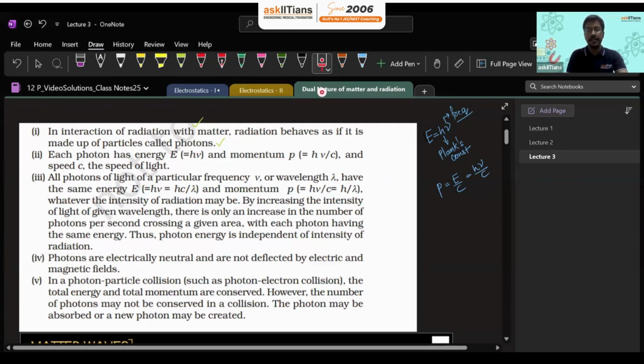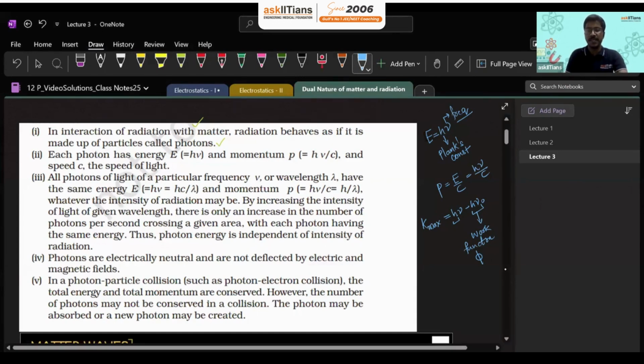We saw that there was no change in the stopping potential, or no change in the kinetic energy of the emitted electron, because according to the photoelectric equation, K max, the maximum kinetic energy, is given by h nu minus h nu naught, where h nu is the energy of the incident photon and h nu naught is the work function, which we denote using the letter phi.